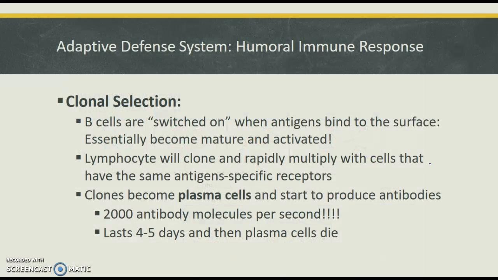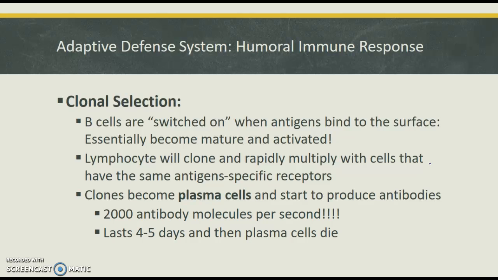All right, this is really cool. B cells become switched on when antigens bind to the surface. So basically B cells are just hanging out and they become activated when an antigen binds to them. Once an antigen binds to them, they start to rapidly multiply with cells that have the same specific antigen receptors.